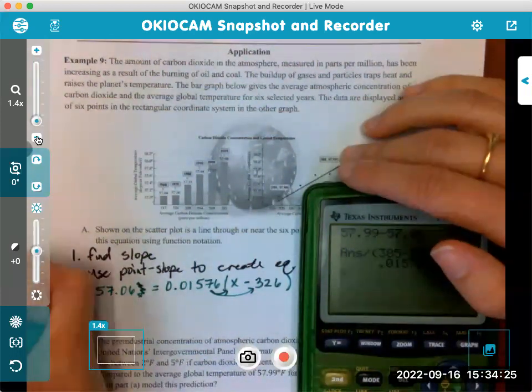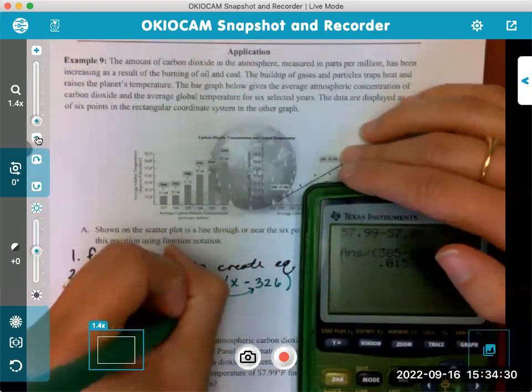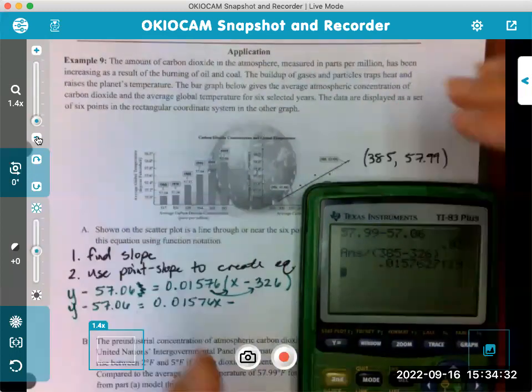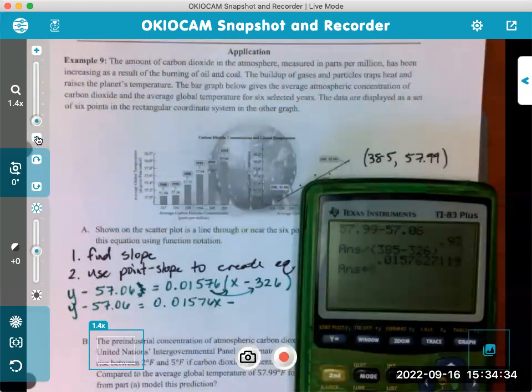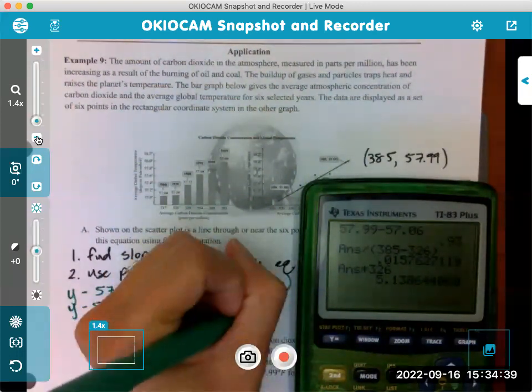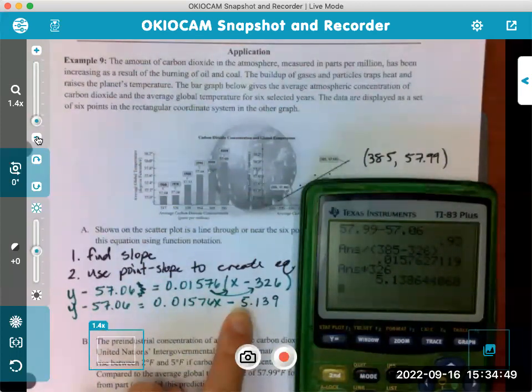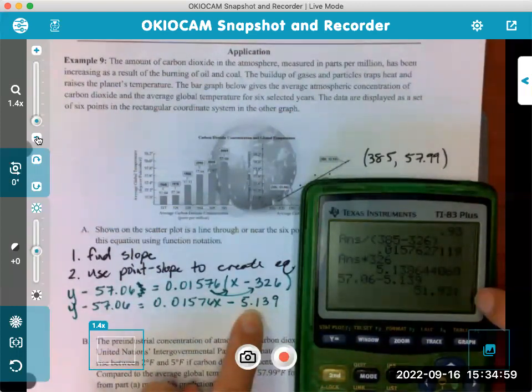So I have y minus 57.06 equals 0.01576x minus, let's see, this number times 326 is about 5.139. Then I'm going to add the 57.06 over here, minus 5.139 is 51.92.